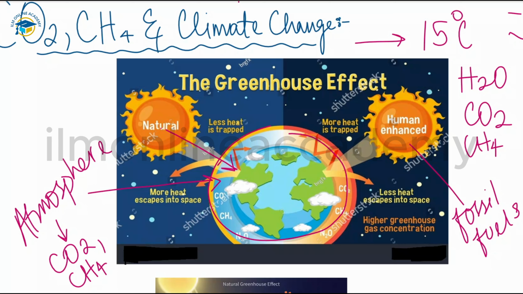Whenever these gases move into our atmosphere, there is increased heat trapped in our atmosphere. Whenever the level of gases rises in our atmosphere, this in turn results in an increased average surface temperature of our earth. This increase in temperature is known as global warming.